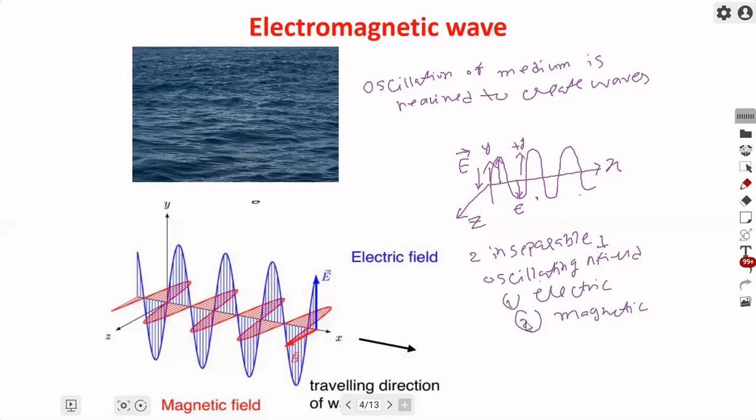These two inseparable oscillating electric and magnetic fields create electromagnetic radiation, or light.